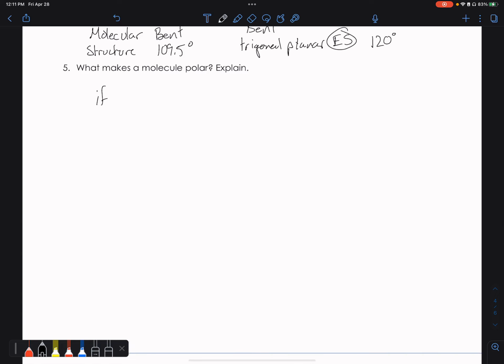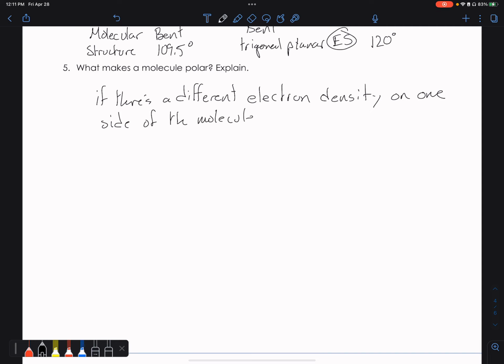If one side of the molecule has a different electron density, so one side is more electron dense than the other, which means that one side has more electrons than the other side. A simple example would be something like this: hydrofluoric acid.